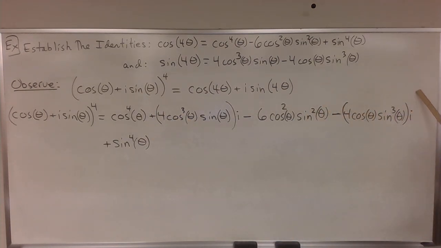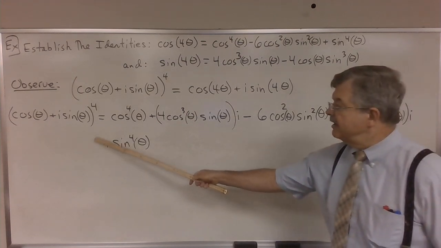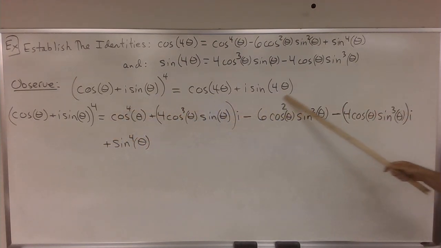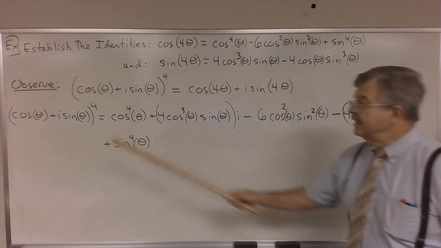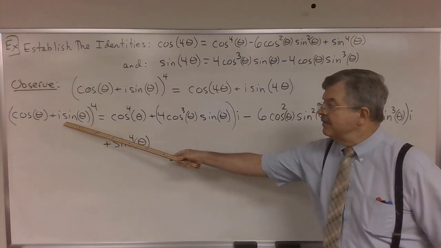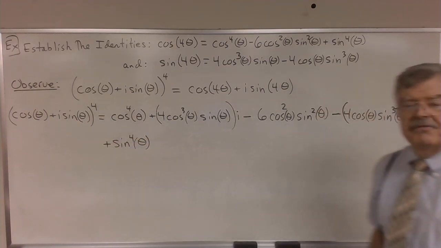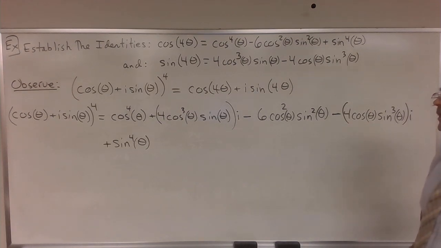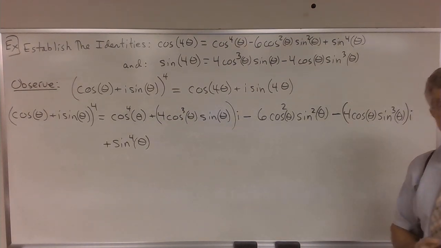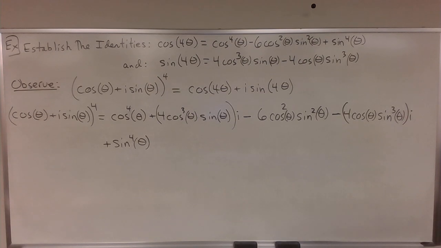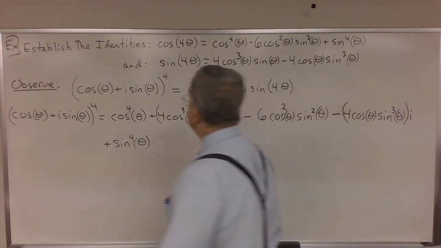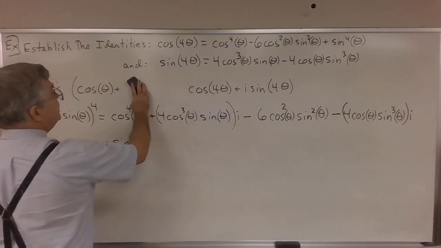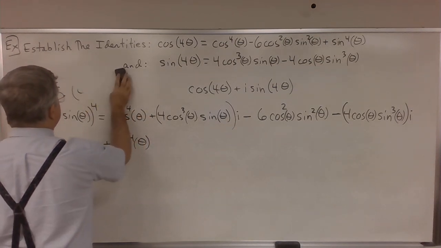And this whole piece of garbage here is also cosine of theta plus i sine of theta to the 4th. We can equate those things. And that's exactly what I'm about to do now.